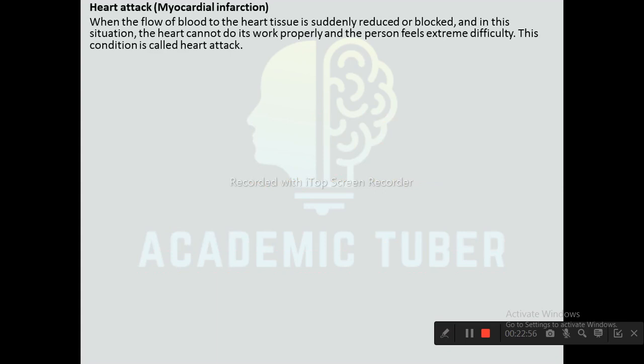Okay, heart attack. Another term for heart attack is myocardial infarction. When the flow of blood to the heart tissue is suddenly reduced or blocked, the heart cannot do its work properly and the person feels extreme difficulty. This condition is called heart attack.